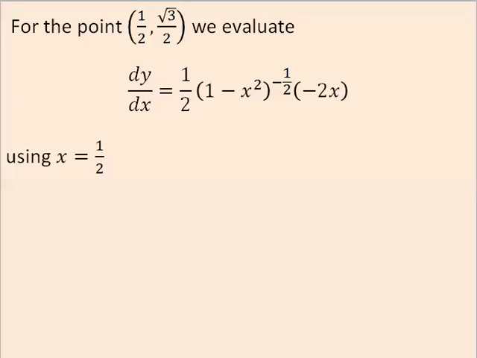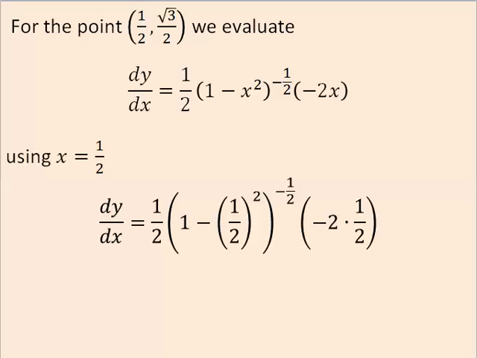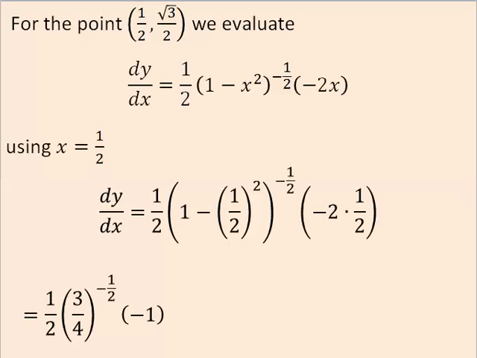Then to evaluate, I would use x equals 1/2, and then I'd have some complicated arithmetic to do. The only thing I want to point out is the step after this one. So here I've just done 1 minus 1/2 squared, that's just equal to 3/4, and 2 times 1/2, that's just equal to 1.